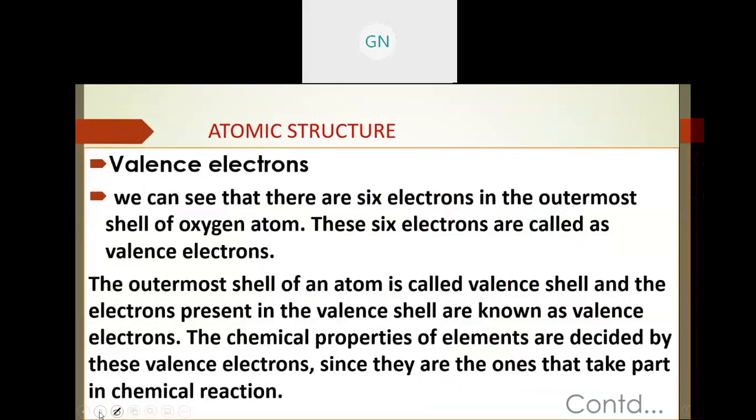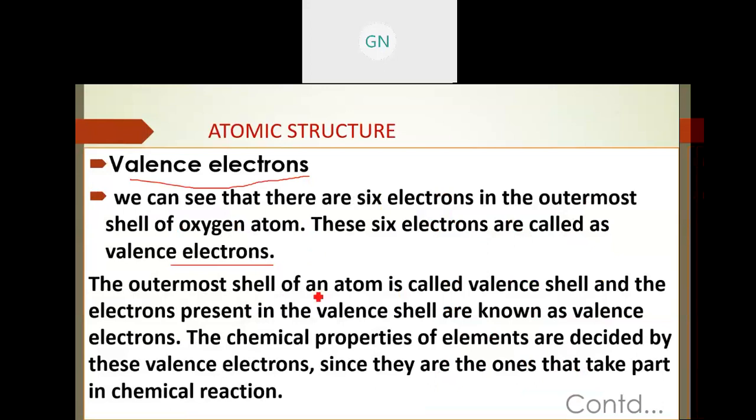Valence electron. Let me explain what a valence electron is. We can see that there are 6 electrons in the outermost shell of an oxygen atom. These 6 electrons are called valence electrons. So the electrons filled in the outermost shell are known as valence electrons.